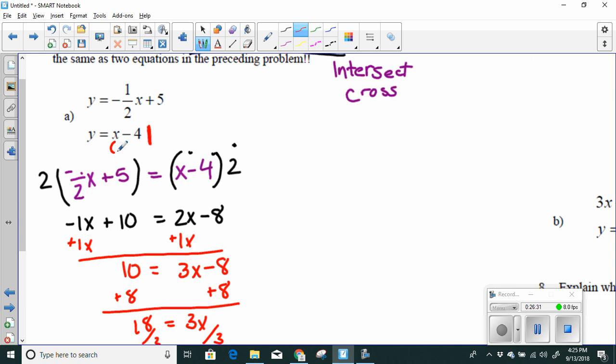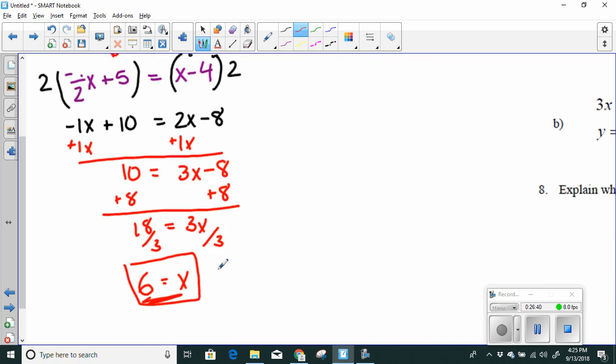So if x is 6, then y would have to equal 6 minus 4, which is 2. So y must equal 2. If you're a real overachiever, you'll write your answer as a point, (6, 2). Let's take a look at the next one.